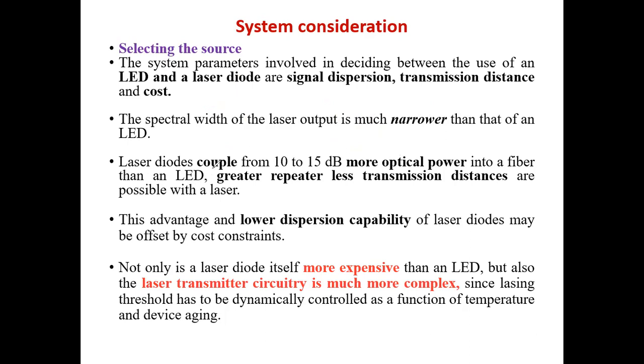So coupling of power from the laser is also better compared to an LED. If here my source is and here my small fiber is, just 12 micrometer diameter, the laser generates a highly directive radiation pattern, so I can couple the light. But in case of an LED, it does not have a highly directive emission pattern.